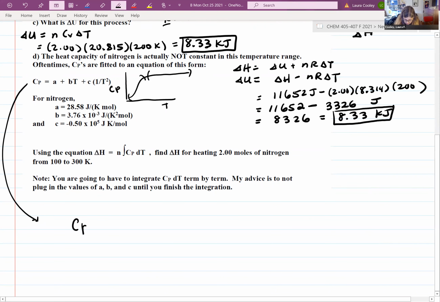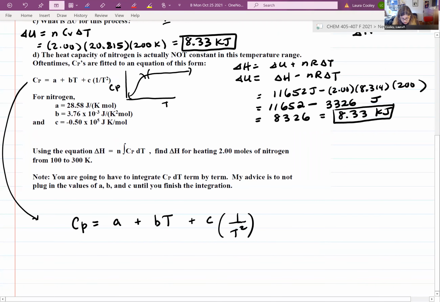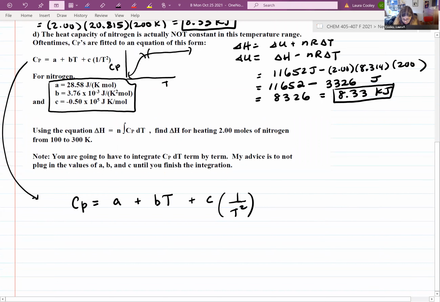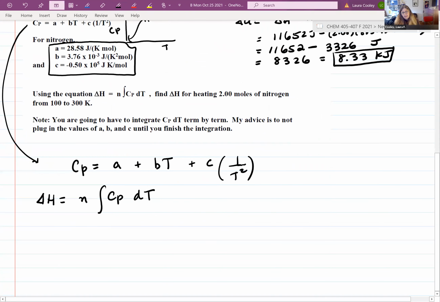So we have CP equals a constant term, a linear term in T, and then this weird constant divided by T squared term. And the values of these things are given here. Okay. So now if you're going to figure out delta H as the number of moles times the integral of CP dT, now you've got to integrate this.